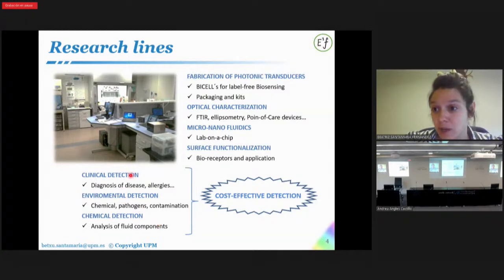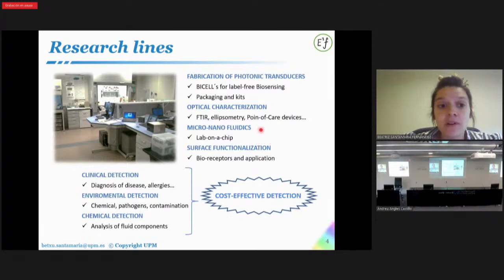For instance, we can detect diagnosis of several diseases or chemical components, pathogens, contaminations, and also perform chemical analysis of several fluids, for instance, petrol and gas. Our goal is to develop a cost-effective detection that can be included in the market.